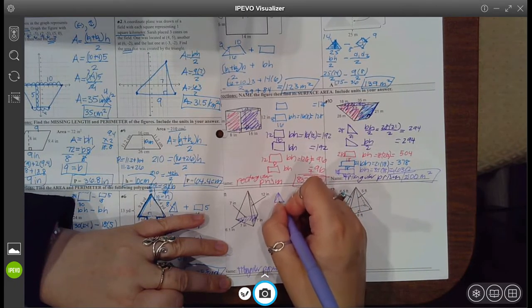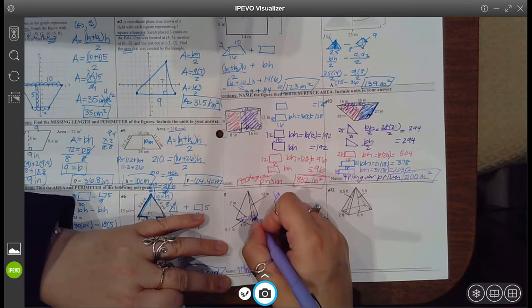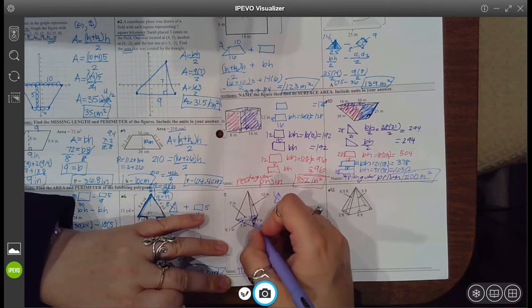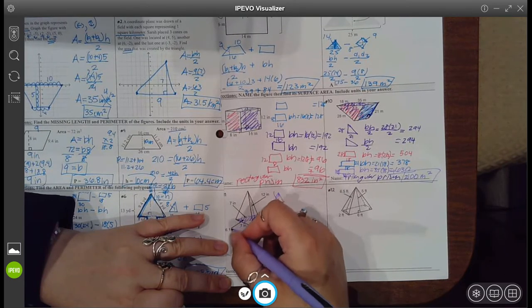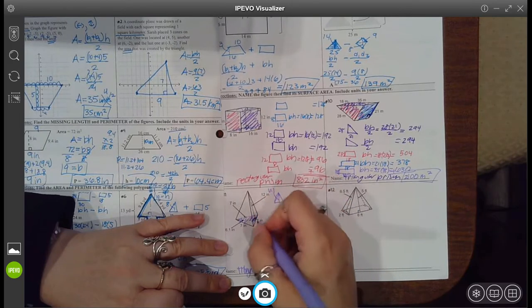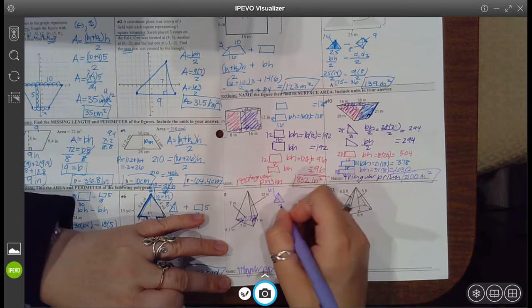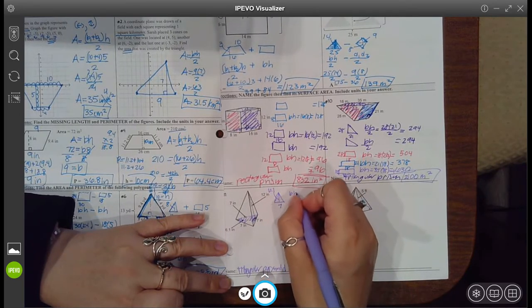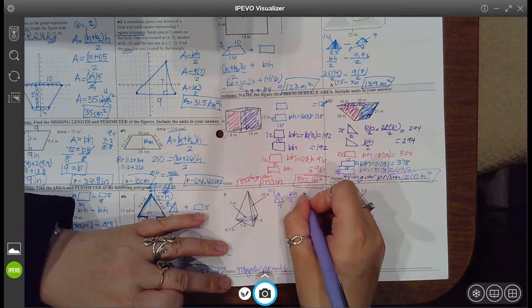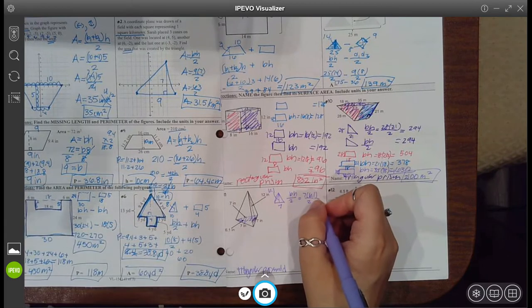That little box right here connects the height, which they said was 6.1, to this base, which is 7. So base times height divided by 2 is 7 times 6.1 divided by 2. And when you type that into your calculator, you get 21.35.